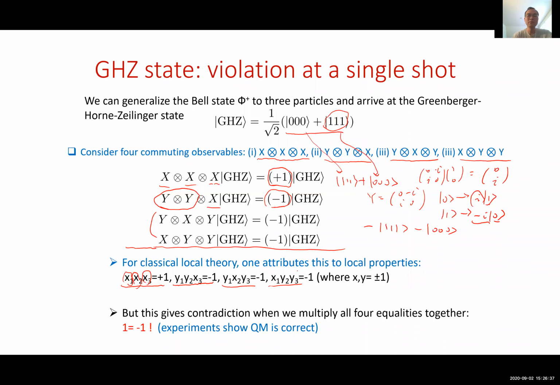But now you multiply these 4 together, you get a contradiction because x1 appears twice, x2 appears twice, every variable appears twice. The left-hand side is 1, but the right-hand side is 1 times minus 1 times minus 1 times minus 1. You get a minus 1. Right? So there's a contradiction.